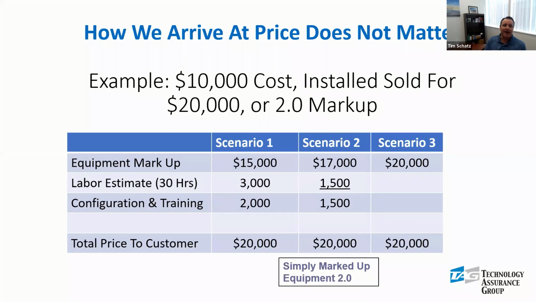What we recommend, and this has been true for 20 years since the inception of TAG, is that if we can average a 2.2, we are going to be in pretty good shape to make a 20% contribution on that sale. Now, notice I did not say we have to beat a 2.2 on every single sale. When we say we average, do we break rate occasionally? We sure do.